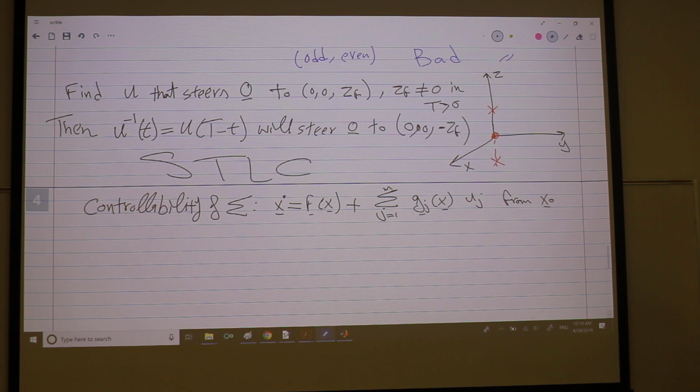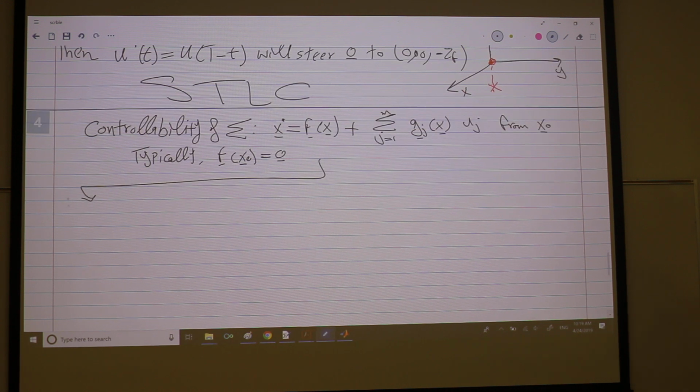Typically, x0 is an equilibrium point. And we can do that by linearization, actually.